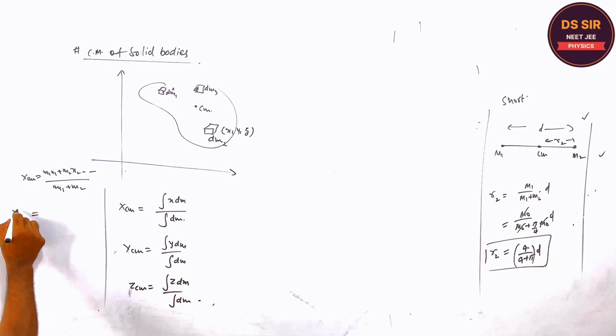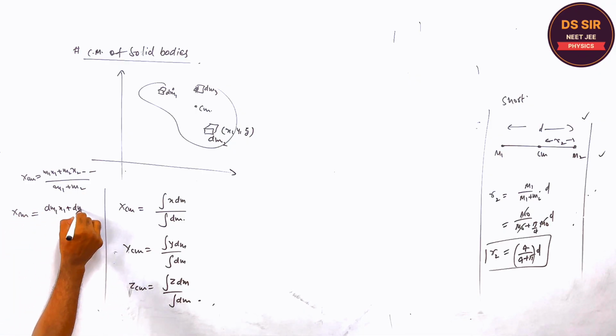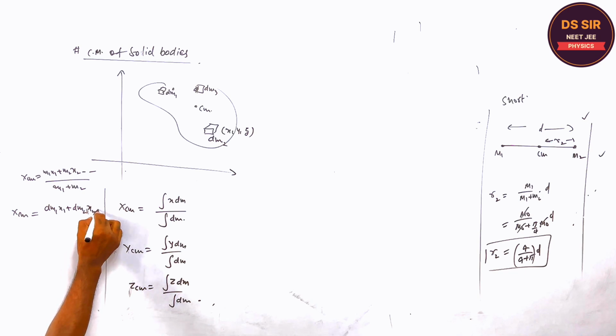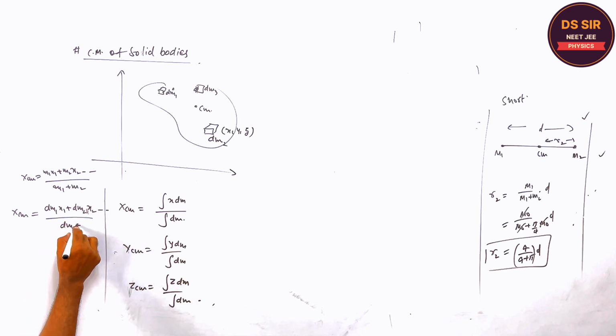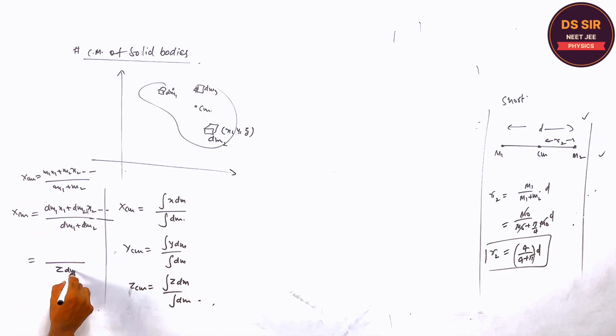So you write dm1 x1 plus dm2 x2, divided by dm1 plus dm2. Is it clear or not? This is the summation of dm, and this is the summation of dm_i x_i.